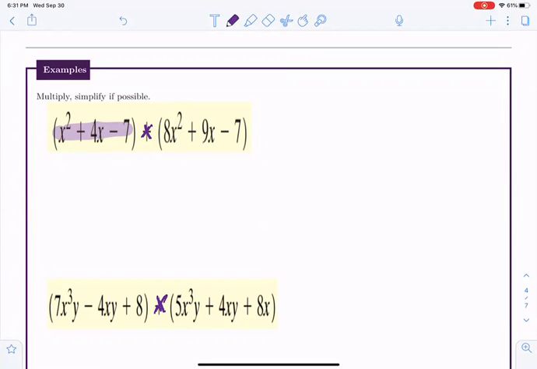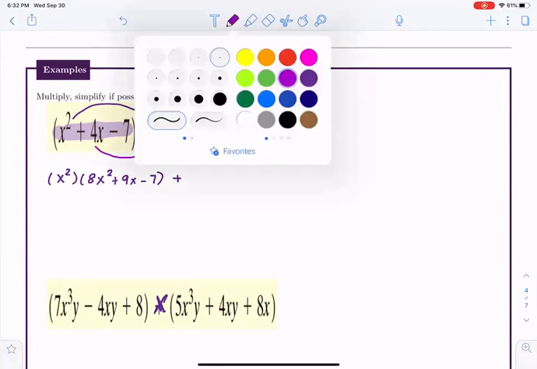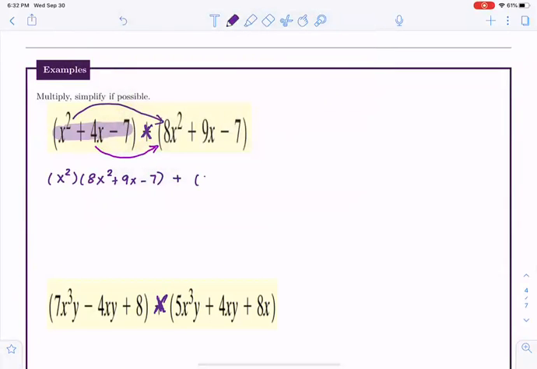So first, I'm going to multiply x squared with the entire factor. So I have x squared multiplied by 8x squared plus 9x minus 7. Then I am going to take 4x and distribute it to the entire factor. So 4x multiplied by 8x squared plus 9x minus 7.